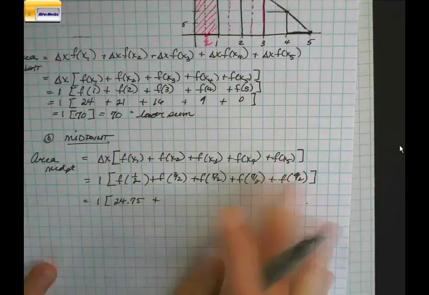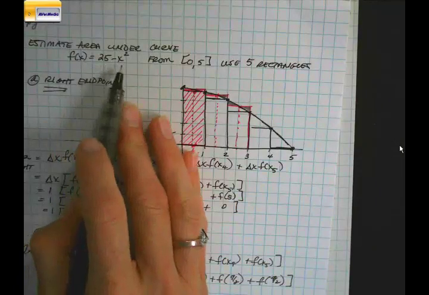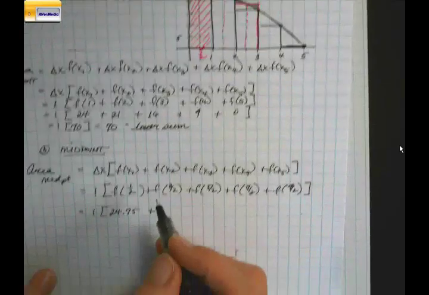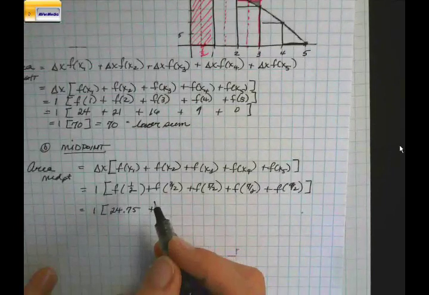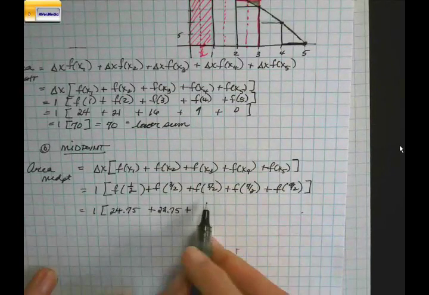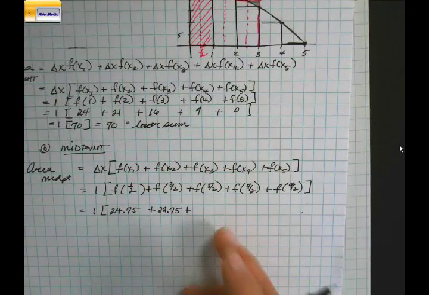Let's make it easy, okay? Okay, f at 3/2 is 25 minus 9/4, which is 25 minus 2.5, which is 22.5. Is that right? Okay. f at 5/2 is 25 minus 25/4, which is 75/4.